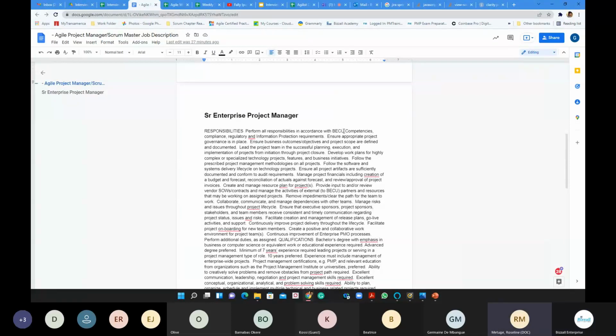I have one question. What's the difference between a project manager and a product manager? The product manager is focusing on the product. It's more technical. The product manager is all about product development. They have to understand the ins and outs of the product, and they work with the customer very closely. They are the one mirroring the customer need.